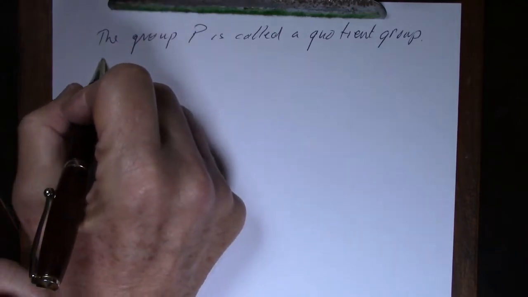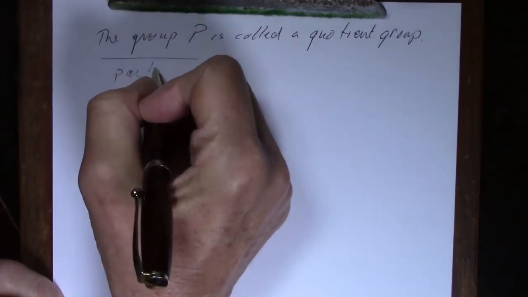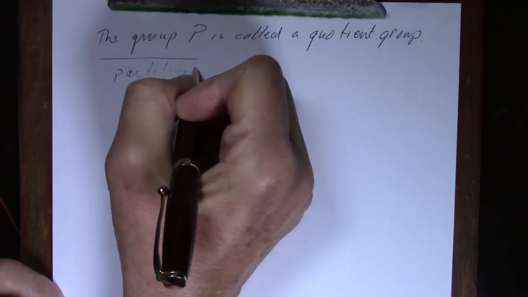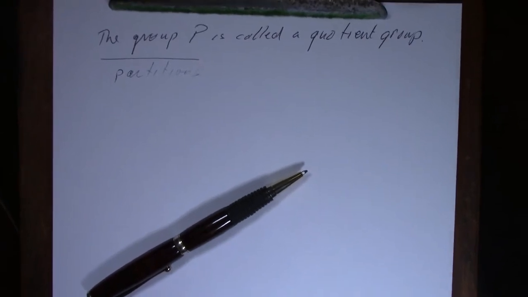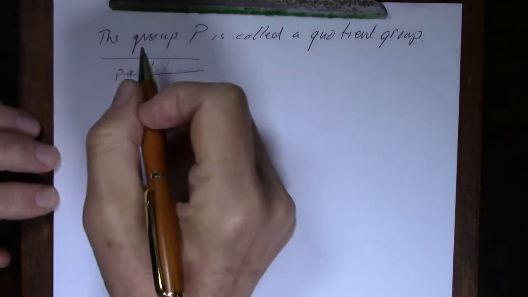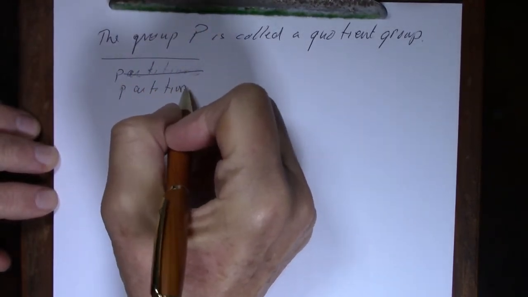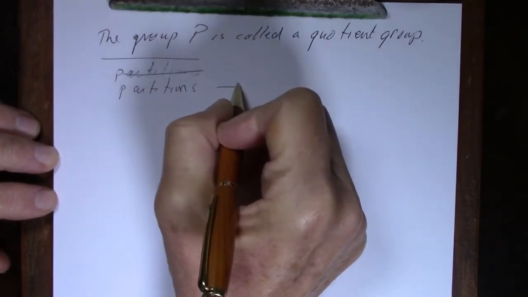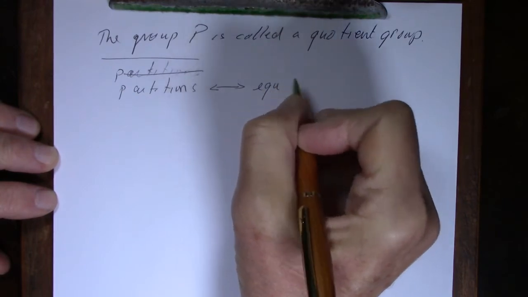Before we continue, since we're dealing with partitions here, let me remind you, wouldn't you know it, I just ran out of ink, that partitions are associated bijectively with equivalence relations.